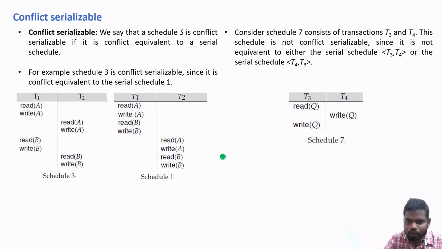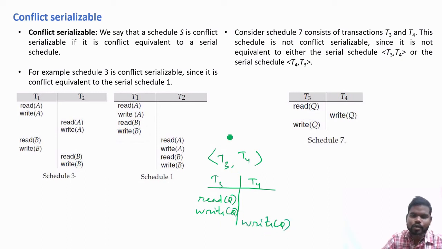Let me draw the serial schedule T3, T4. It can be like this: read Q, write Q, and after this write Q comes.